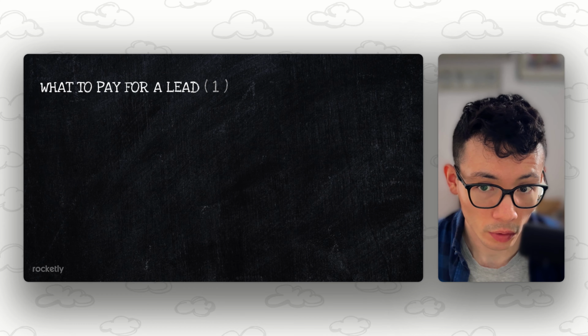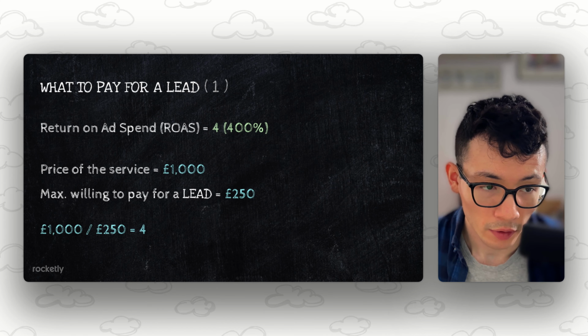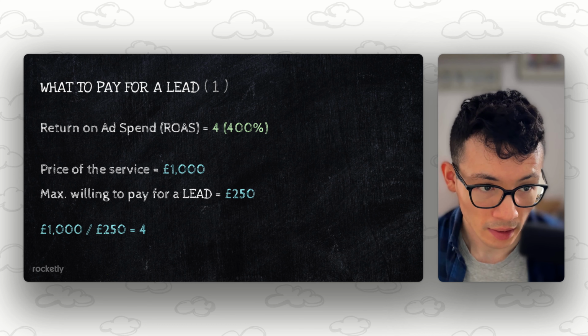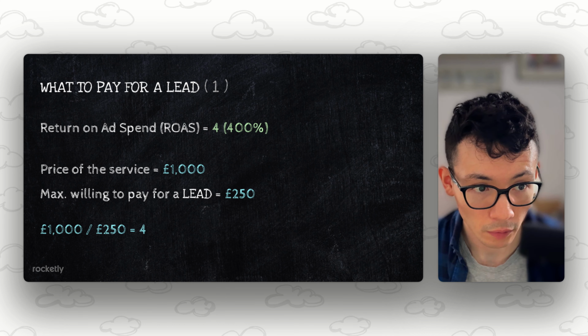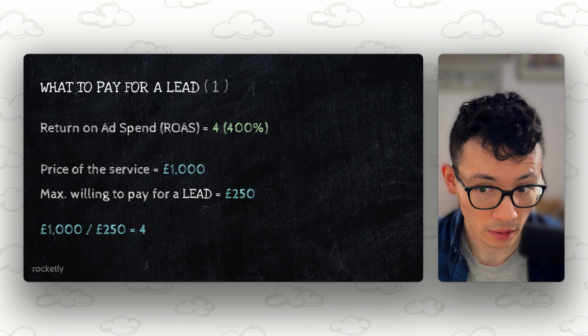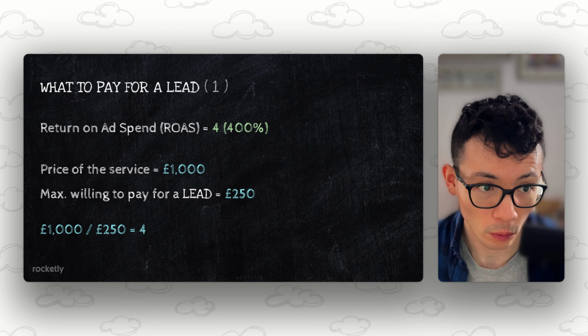So what do we pay for a lead then? First and foremost, the return on ad spend, given the answers to the three questions in the previous slide, would actually be 4 or 400%. So how do we get that value?